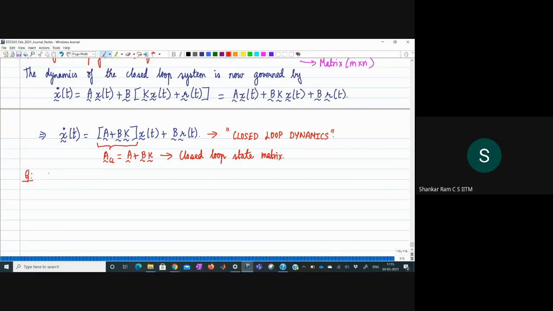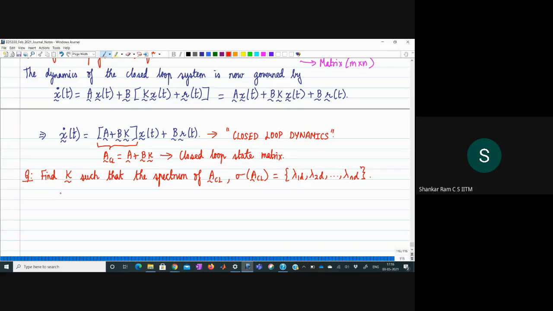The question that we ask ourselves is: find K, the control gain matrix K, such that the spectrum of A_CL, the spectrum of the closed loop state matrix A_CL, which is sigma of A_CL, is equal to some desired eigenvalues, lambda 1 desired, lambda 2 desired, till lambda n desired. So that's what we do.